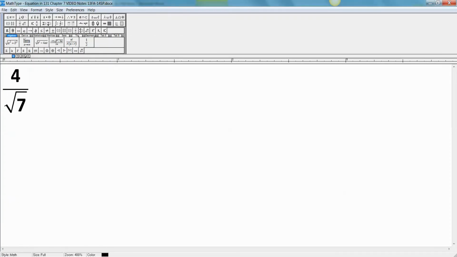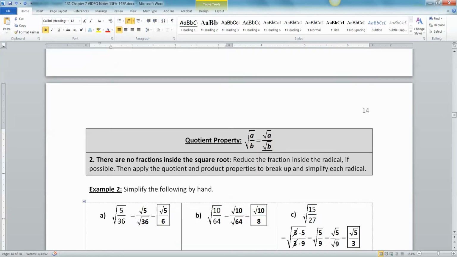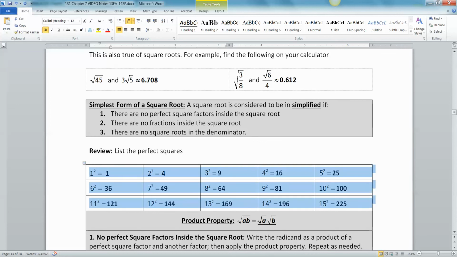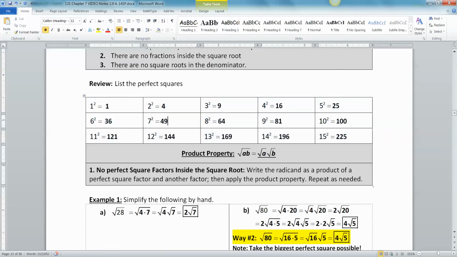So I start off here with 4 square root of 7. What I need to do is change this so that it's not a square root of 7 underneath there anymore. It's a square root of something else that's a perfect square, something from our list of perfect squares. The one from our list that 7 goes into is 49, right?